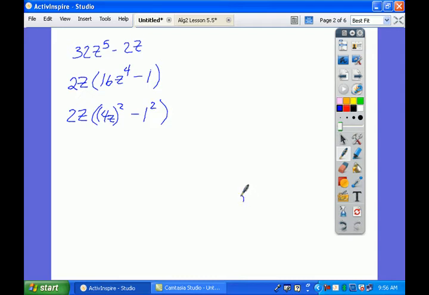The reason I wrote it like that is so that we have this rule that says if you have a squared minus b squared, it equals a minus b, times a plus b. We've seen that before. We've just never seen it with something to the 4th power.